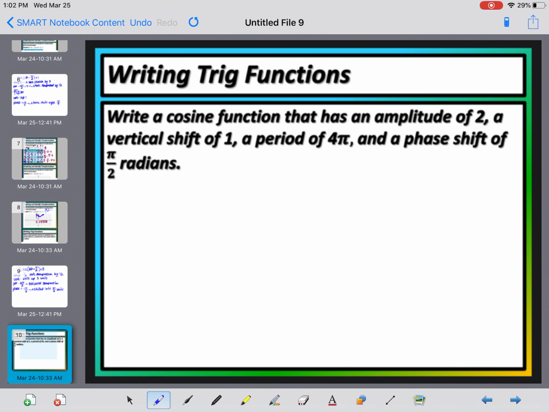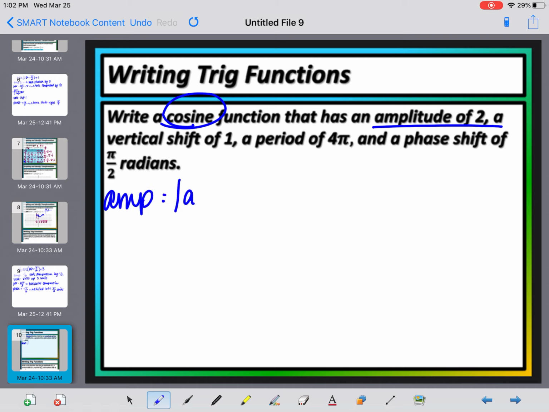Now the last thing we want to talk about is being able to write an equation, okay, given the amplitude, the vertical shift, all that good stuff. So for this, we're going to have to use our formulas. Okay, so they want us to write a cosine function, and they're first telling me that the amplitude is 2.